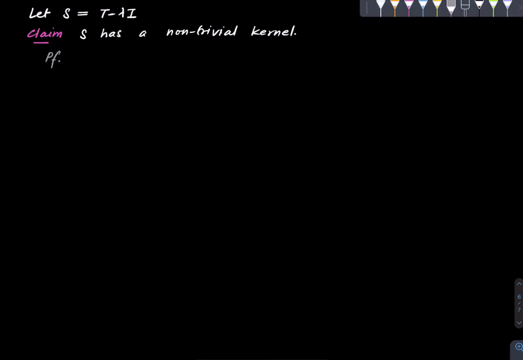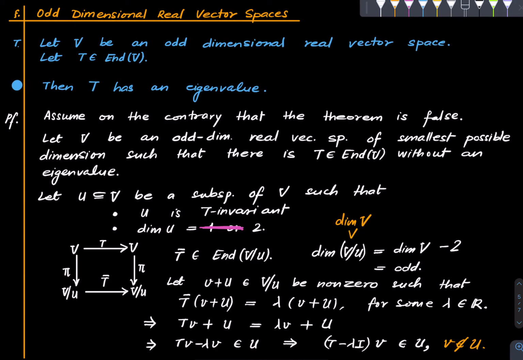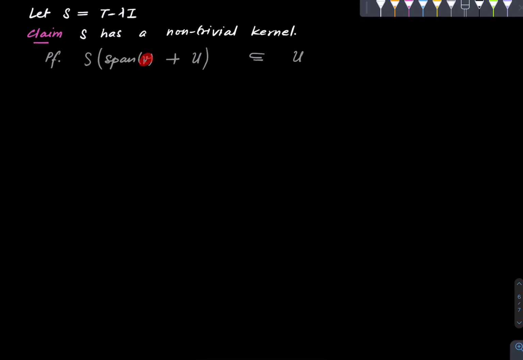So note that this subspace, span of v plus U, is a subspace of V, which under S maps inside U. Why is that? Because what is the image of v under S? Sv is in U. This is what we saw here. This is Sv, the left hand side, and this is U. So S of v is in U, and S of U is also inside U because U is T invariant, and hence it is also invariant under this.